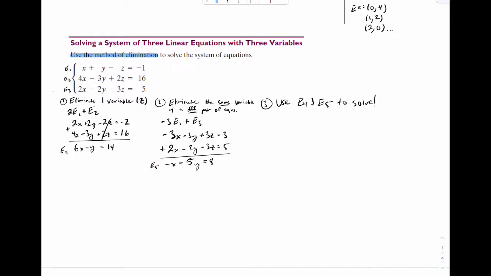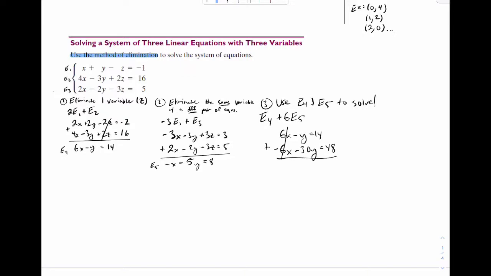I'm going to multiply E5 by 6, so I'm going to write E4 plus 6E5. So E4 rewrite. And then 6E5, that would be -6x minus 30y. That would equal 48.